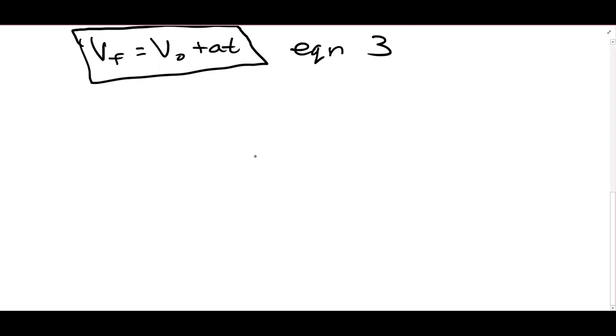So equation 4. Apologies for my neighbor's dog, who I suppose does not know the meaning of training. What we can do is take v equals v naught plus at, the equation we just derived, and add v naught to each side.